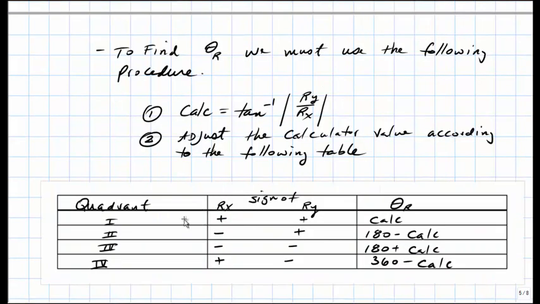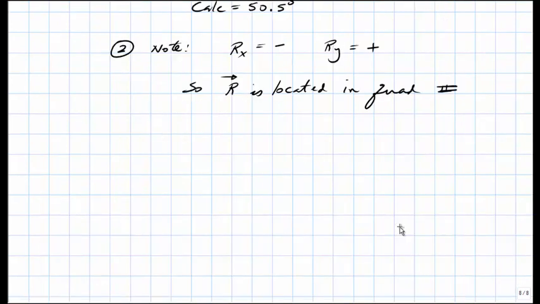Okay, so here's our table. R is located in quadrant number 2, and the adjustment requires that we subtract the calculator value from 180. So let's apply that to our problem. Alright, so theta sub r just equals 180 minus the calculator value.